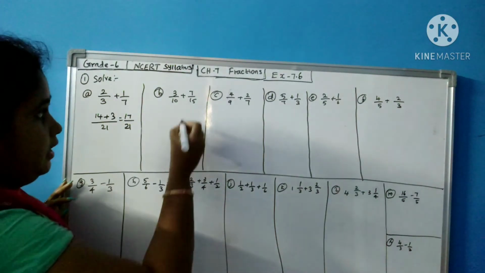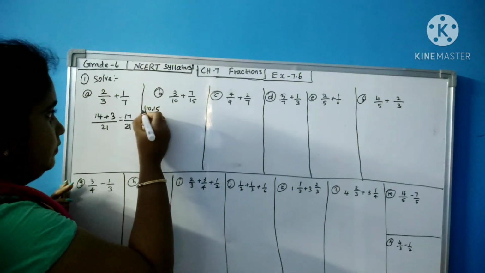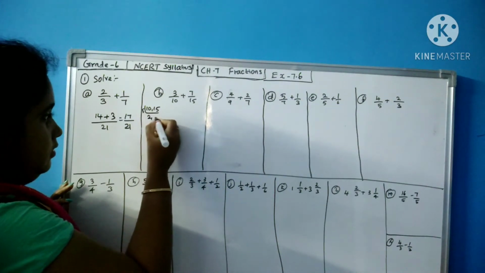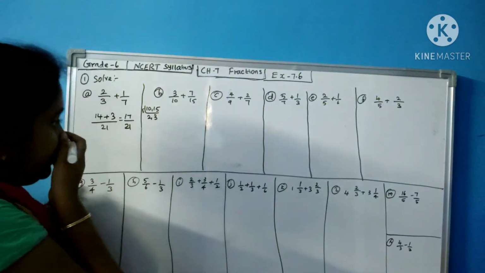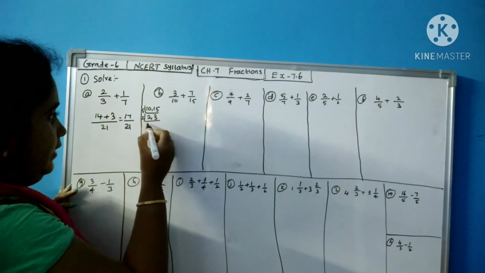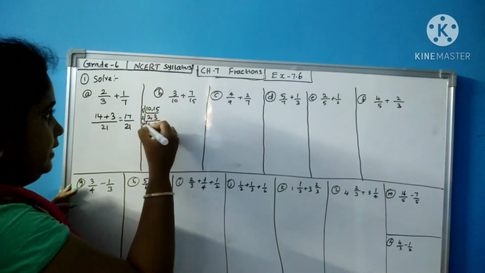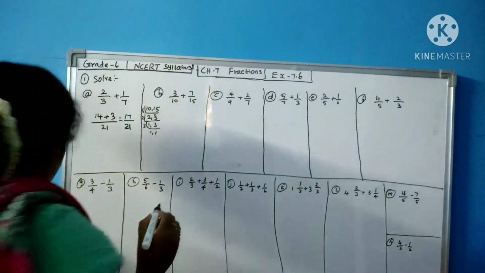Hope you understand. Now see 10 and 15, here LCM will come. So you take LCM. 2 5s are 10, 3 5s are 15. Again 2 table, 1 2 is 2, 3. 3 table, 1 1. So 5 2s are 10, 10 3s are 30. 30 is your LCM.